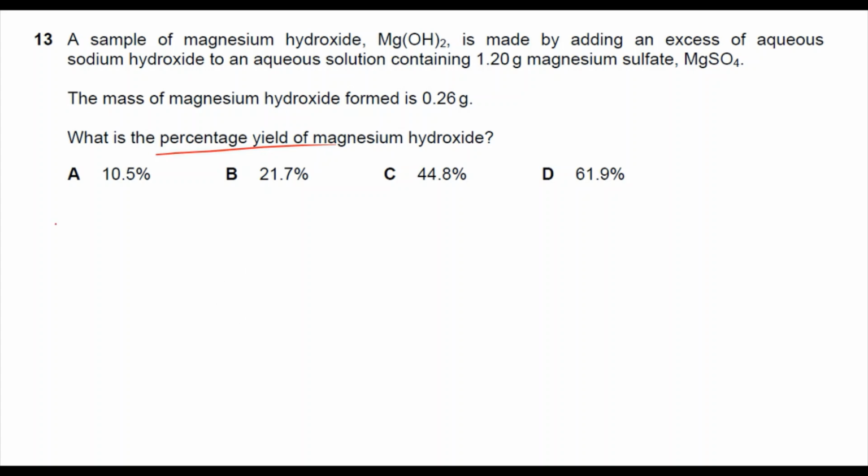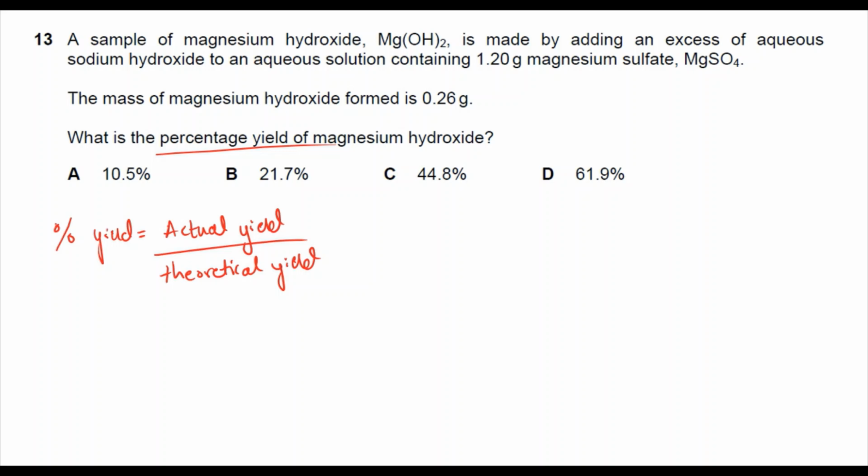The formula for percentage yield is the actual yield divided by the theoretical yield. The theoretical yield is what we are expecting when we do the calculations. The value that you get from the calculations, that's the theoretical yield.